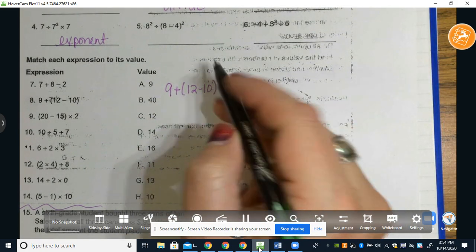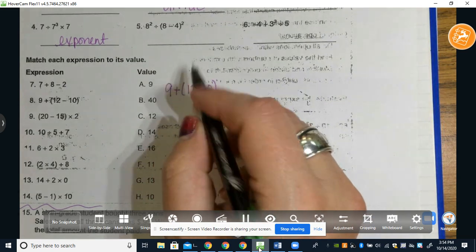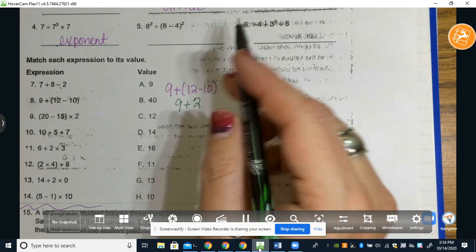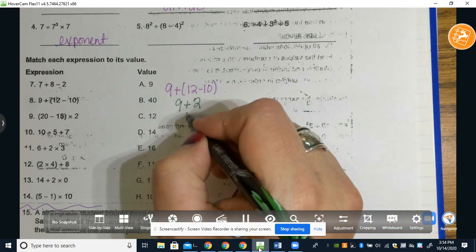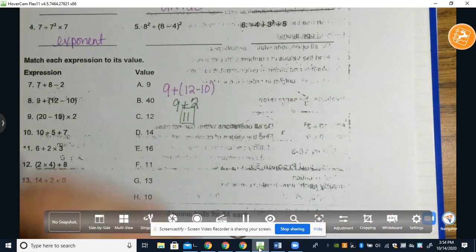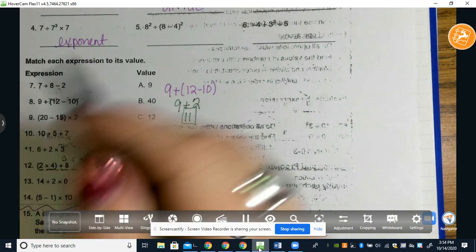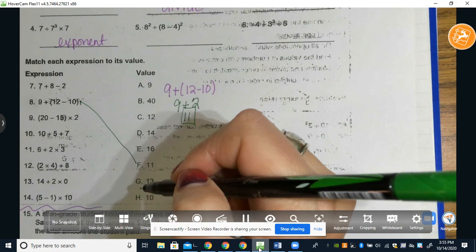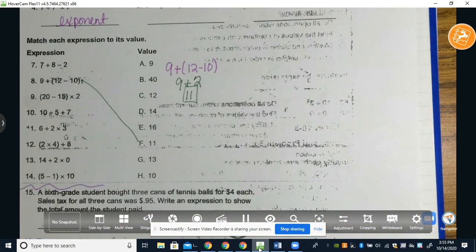So 12 minus 10 gives me 2. And then I need to add the 9. I need to bring that down. And 9 plus 2 gives me 11. So my answer would be 11 here. And if I look, F is 11. So I would draw a line from 8 to F.